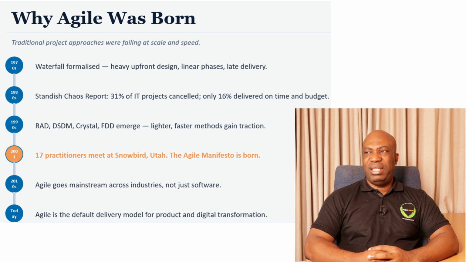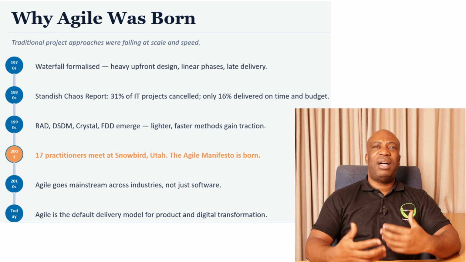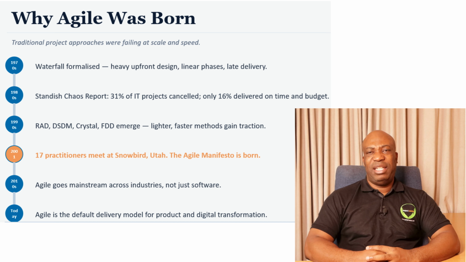So in this section of the video, we are going to cover why agile was born. You might be asking, but predictive has been there for some hundreds of years, although documented or undocumented, it has been there. Then why should we have agile? So there were certain weaknesses that were being picked up when it comes to predictive project methodology, and one of them is that there's a lot of formalized design and planning at the beginning of the project.